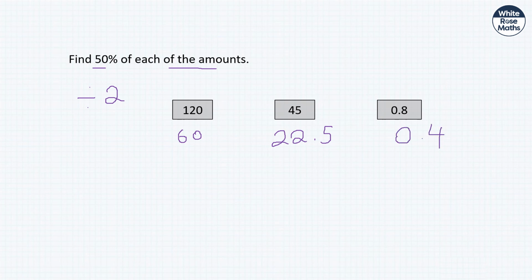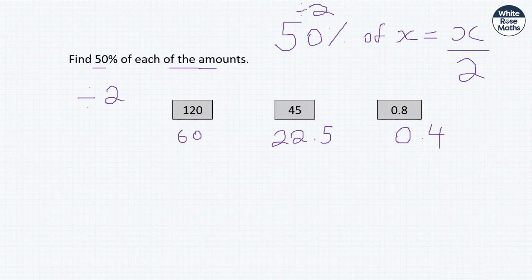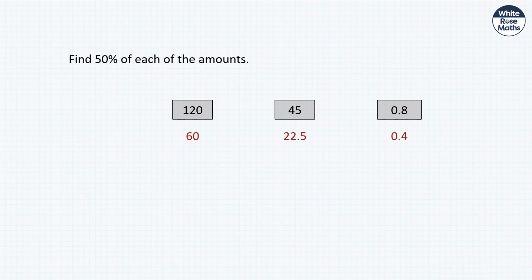So make sure that you remember in your exam, guys, that 50% of any quantity, of x I'll put, just means the number divided by 2. You're always halving it.